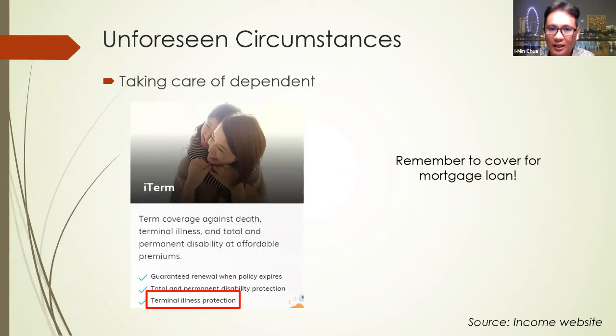That is quite risky. If this person buys a condo, has a mortgage loan, and then is gone and cannot pay for the condo anymore, the house has to go. That means the family will be in trouble. So make sure you cover for the mortgage loan.